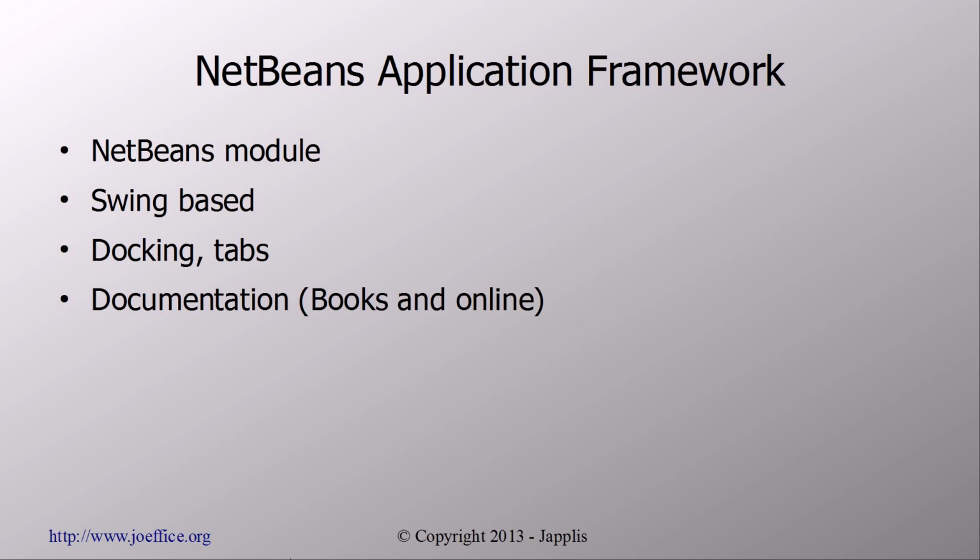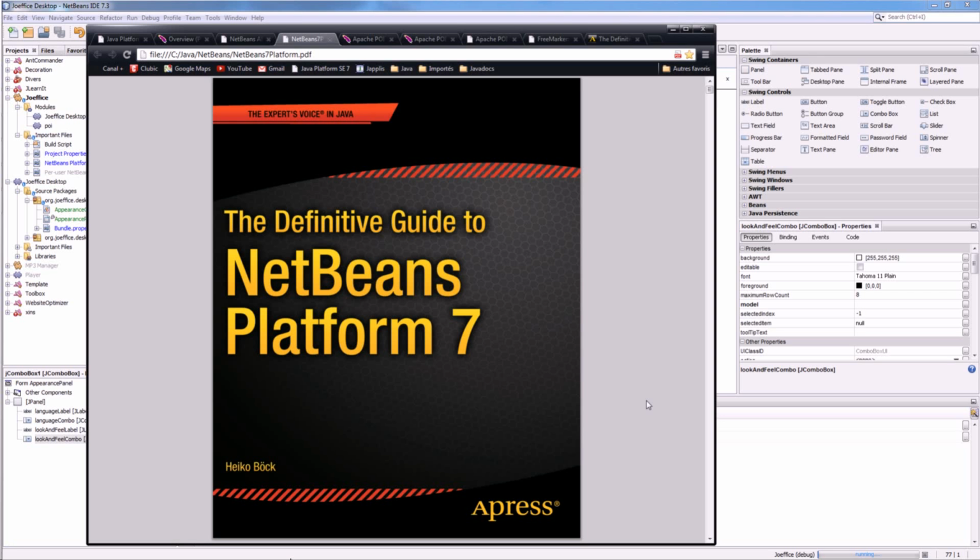I'd also like to thank the NetBeans team for sending me, a few years ago, this book, Rich Client Programming, for free, because I also put a video about NetBeans on netbeans.tv. So thanks to the NetBeans team, and I also bought this book, which is the definitive guide to NetBeans Platform 7, which is a bit more up to date than the book I've just shown you.